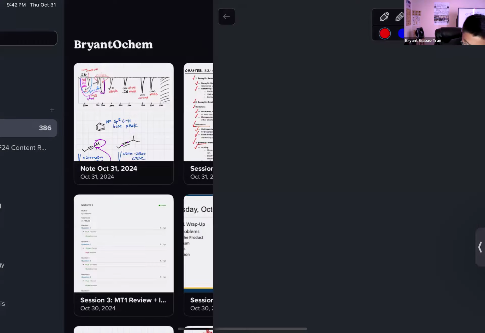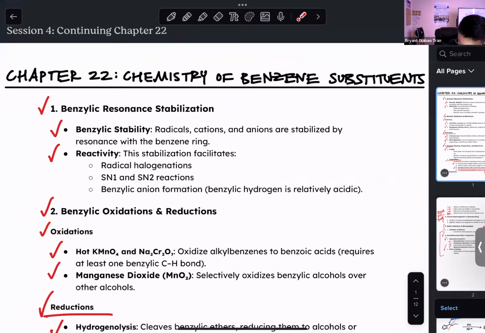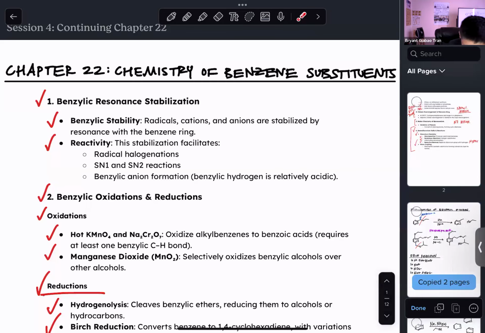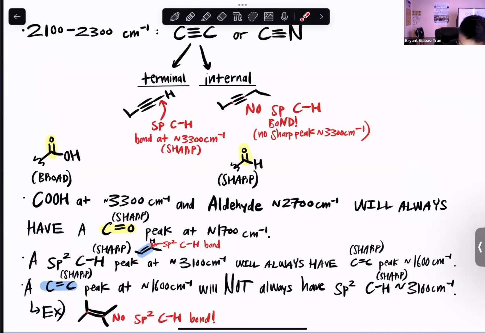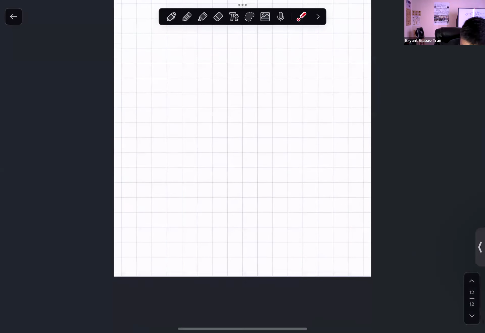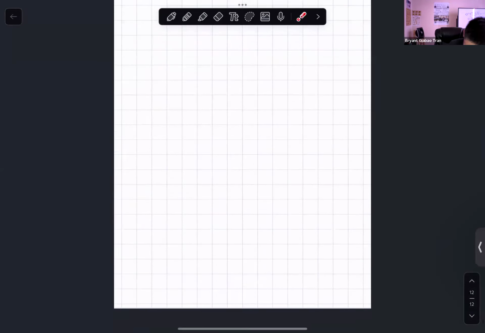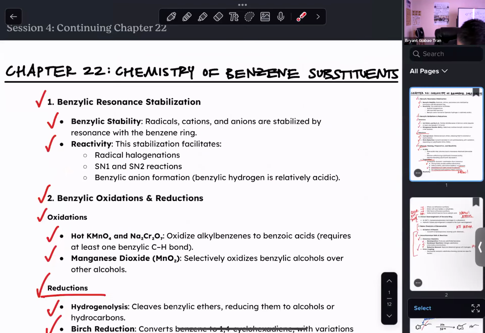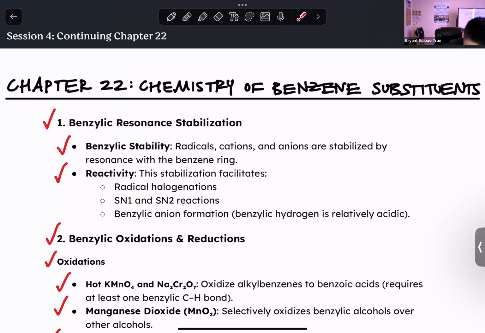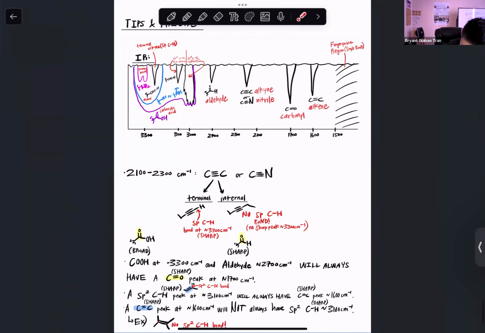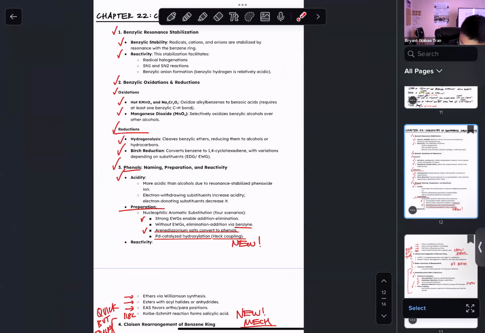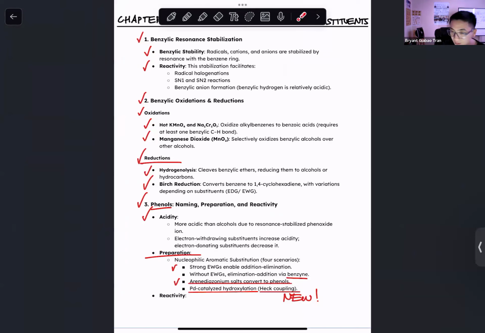Let me show Xinyan this really quick. Chapter 22 stuff that you need to know for this 118C midterm. Okay, boom, copy, paste. There you go.